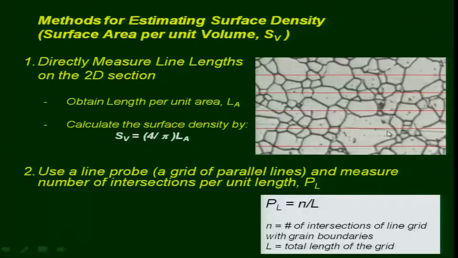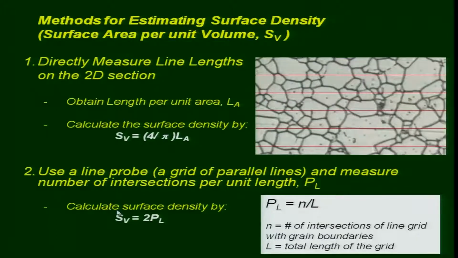And this simple counting procedure gives me an estimate of the surface area per unit volume as simply 2 times this intersection count per unit length, 2 times P_L. So, this is a far easier procedure than this, and you can quickly implement this procedure over a large area of the sample to get a good statistical estimate.